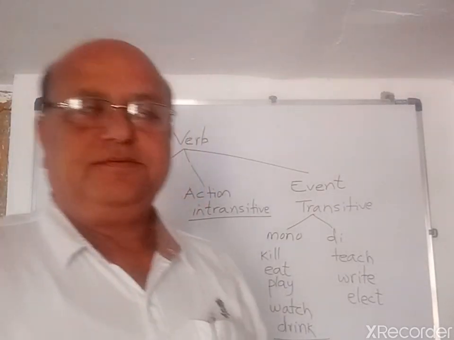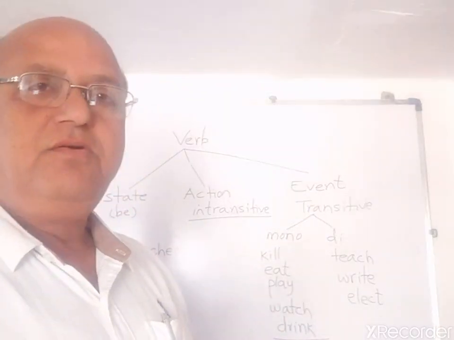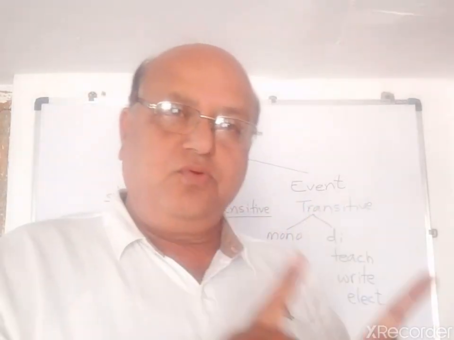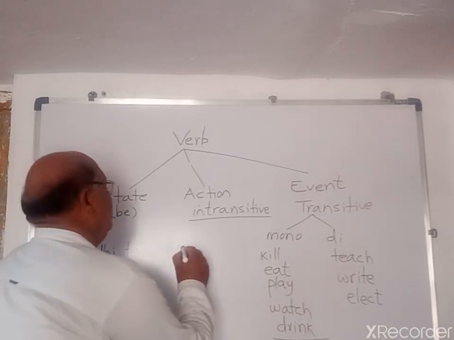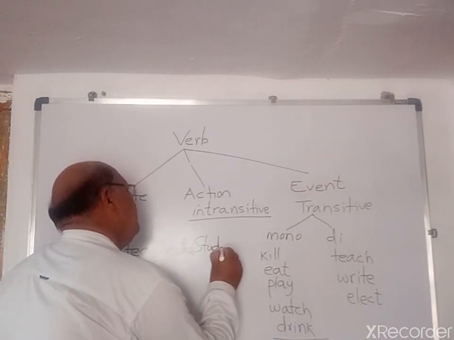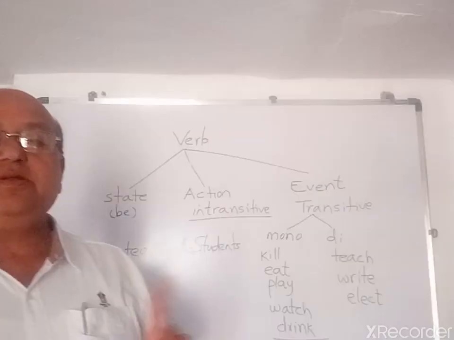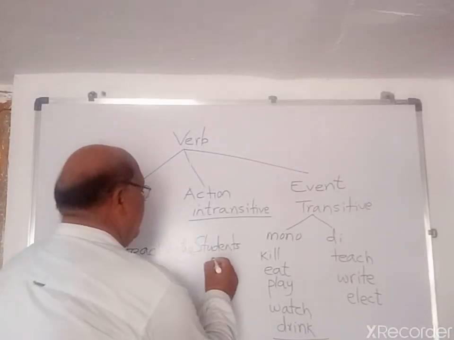Not complete. Who she teaches, what she teaches. Two items are necessary. Who and what. Mrs. Padhi teaches the students. She teaches the students. What does she teach? She teaches grammar.